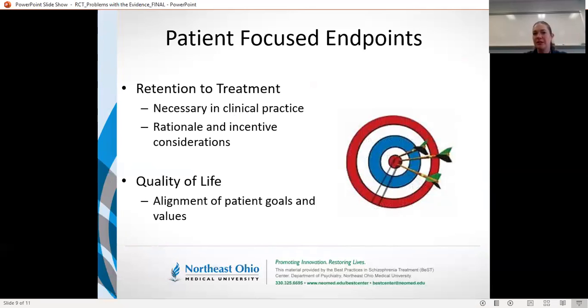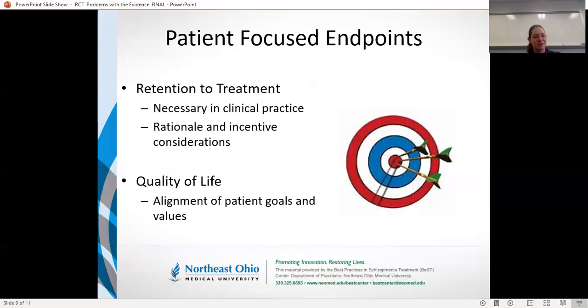Not always included as an endpoint for incorporation into the treatment guidelines, at least not yet. On the flip side, though, in the trials, oftentimes patients do have some incentive, so they may be paid for their participation. So they have an external influencer that would encourage their continued participation, because then they get paid, when out in clinical practice that wouldn't be happening.